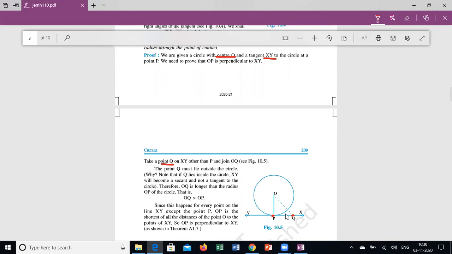According to the definition of the circle, the distance between Q and O must be greater than OP. That is what he considered.